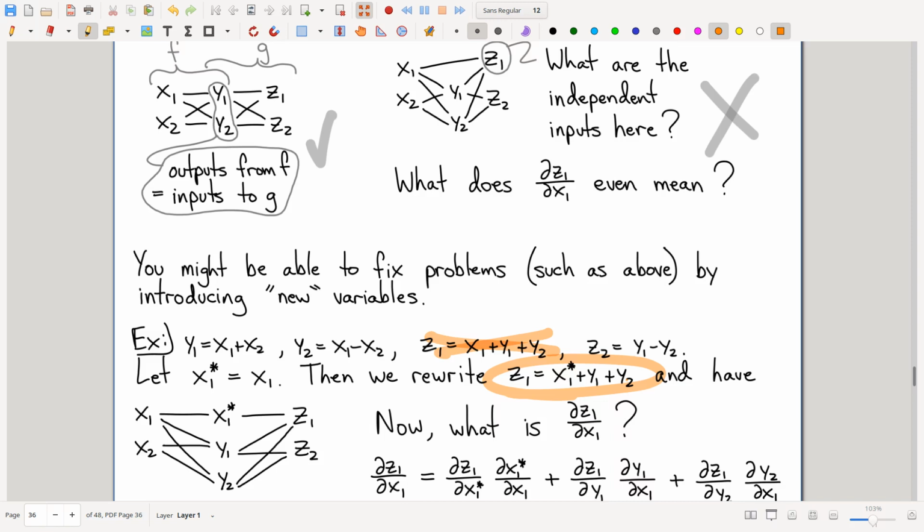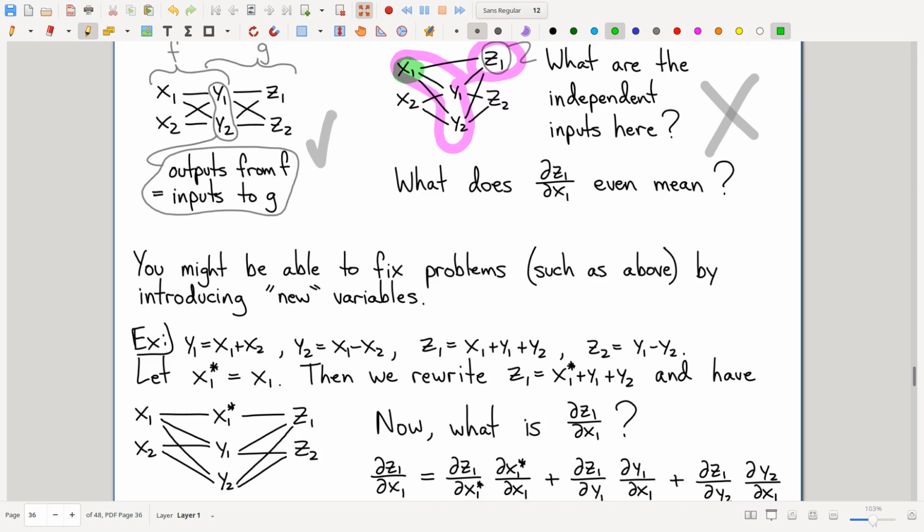Okay. So now, questions that I previously didn't know what to do with, like, what would it mean to take a partial of z1 with respect to x1? This was a catastrophic, meaningless garbage question initially, because partial with respect to x1, what am I supposed to hold y1 and y2 constant? But y1's a function of x1. That just doesn't make any sense.